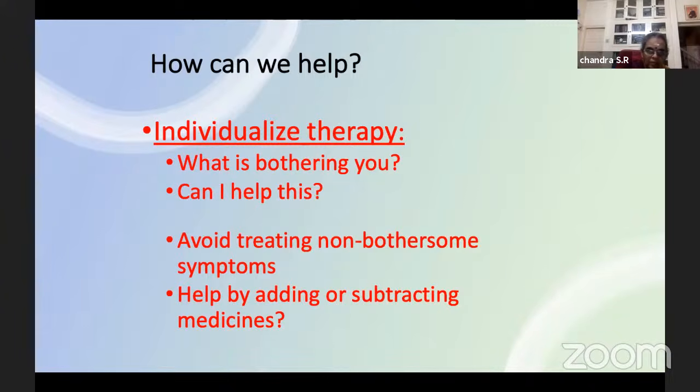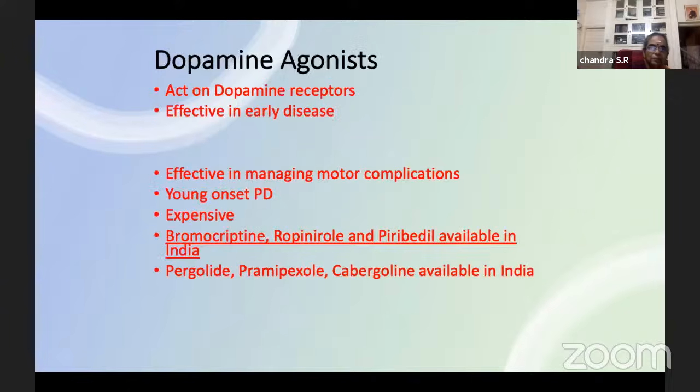Many people with minor psychotic symptoms will be on antipsychotics; sometimes by reducing them, the Parkinsonism will go away. You can use extrapyramidal-friendly antipsychotics like clozapine. Then you have to decide whether to start dopamine early or not.